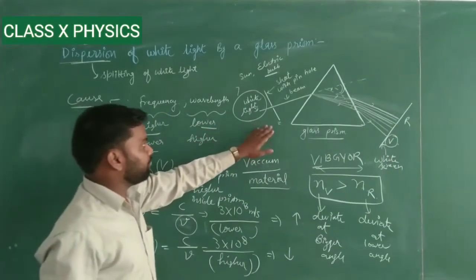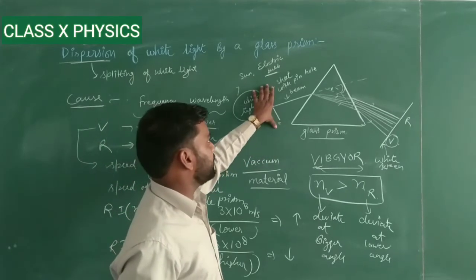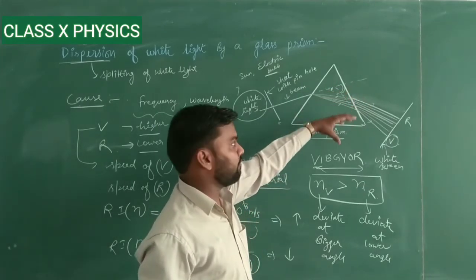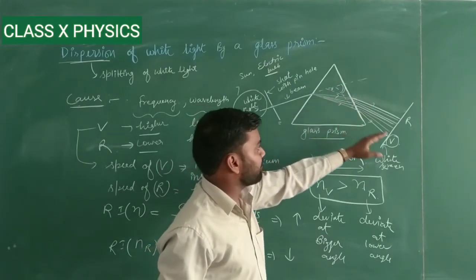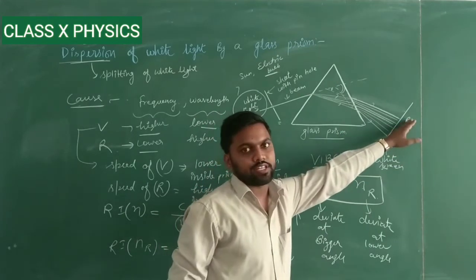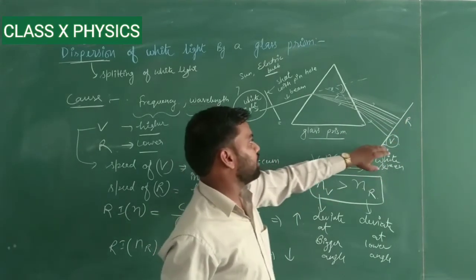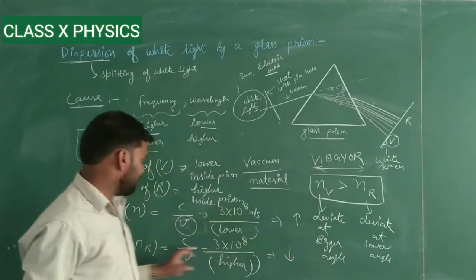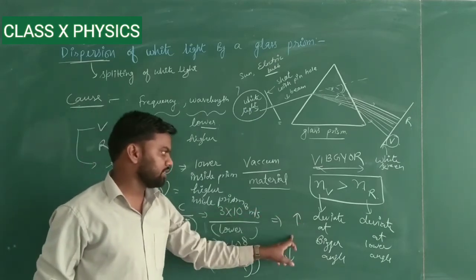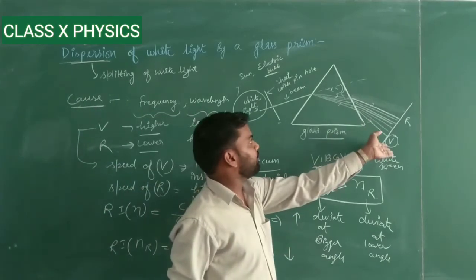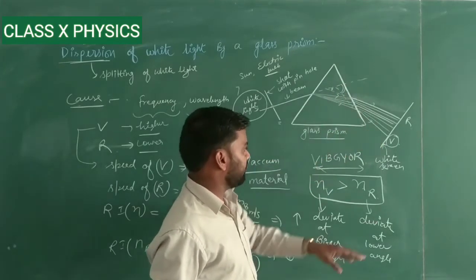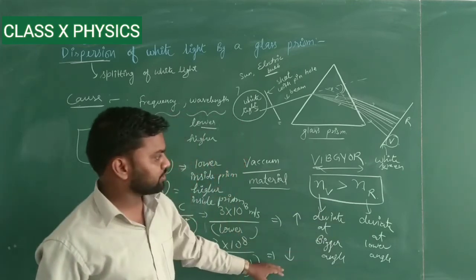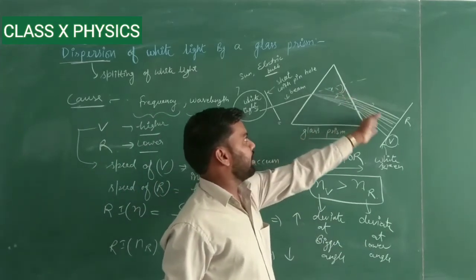So we can see that whenever white light comes from a sheet with a pinhole, it splits up into 7 colors. It is known as the dispersion of light. But why is the violet color at the lower side and the red color at the upper side? Because violet color has the higher refractive index, so it will cover a higher angle, and red color has a lower refractive index, so it will cover a lower deviated angle.